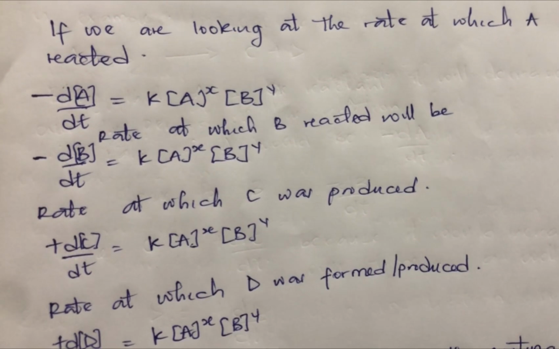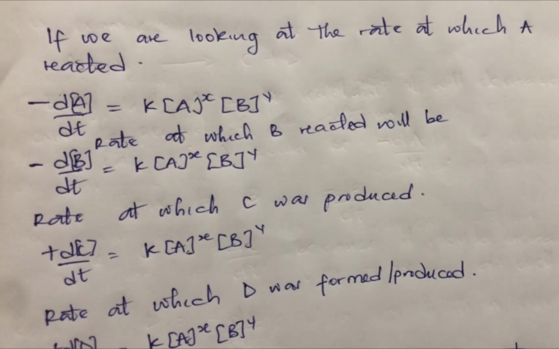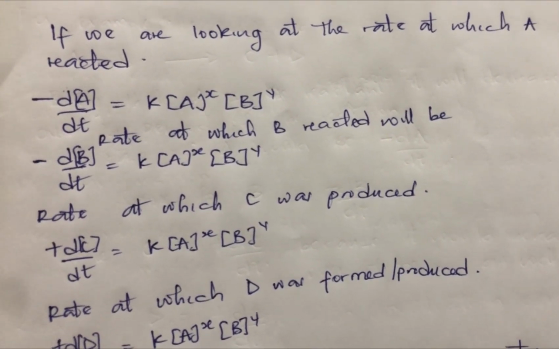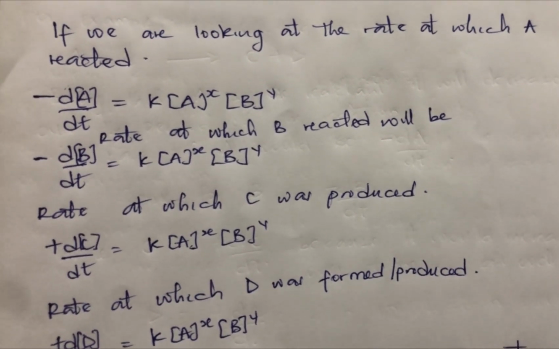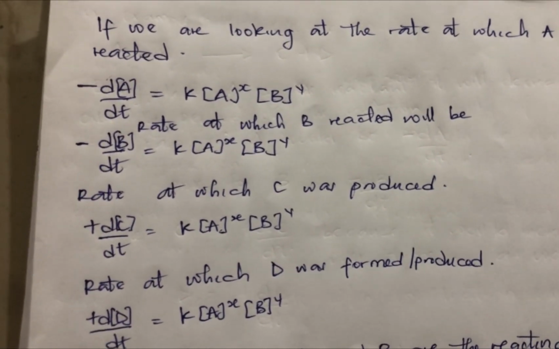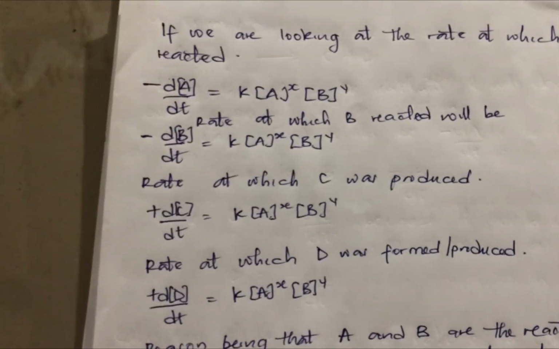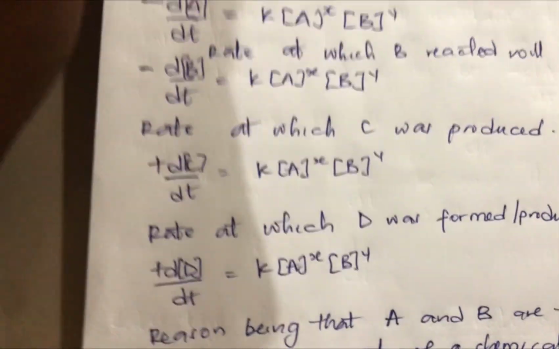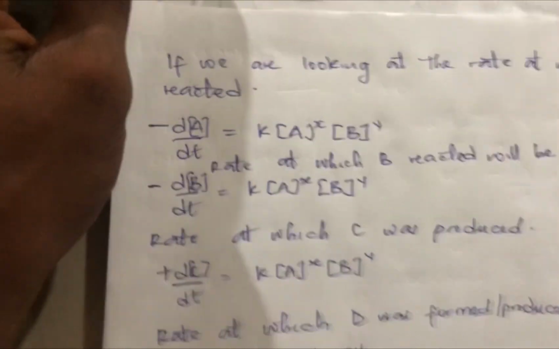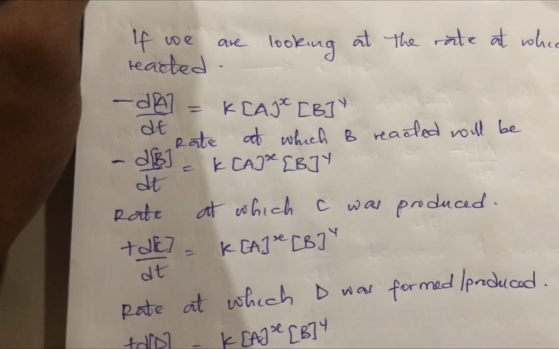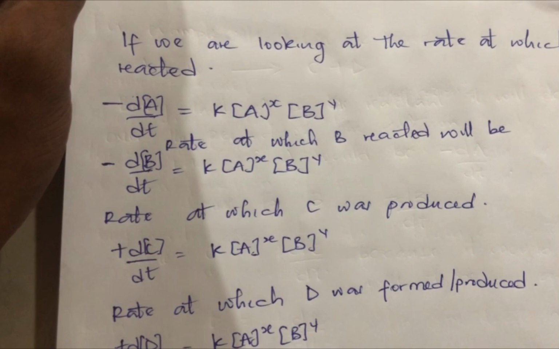So the rate at which A disappeared is equal to minus d[A]/dt equals K [A] raised to power X times [B] raised to power Y. Because the rate is dependent on the concentration of A and B, and they have to be raised to the power of their moles.